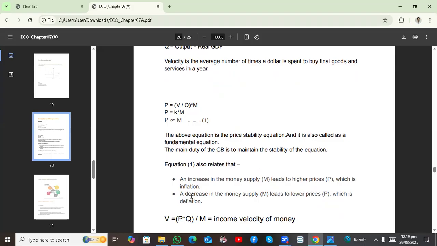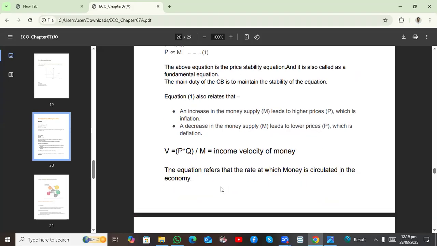A decrease in the money supply leads to lower prices, which is deflation. We can also write V equals P into Q divided by M, and here V is the income velocity of money. The equation refers to the rate at which money is circulated in the economy.